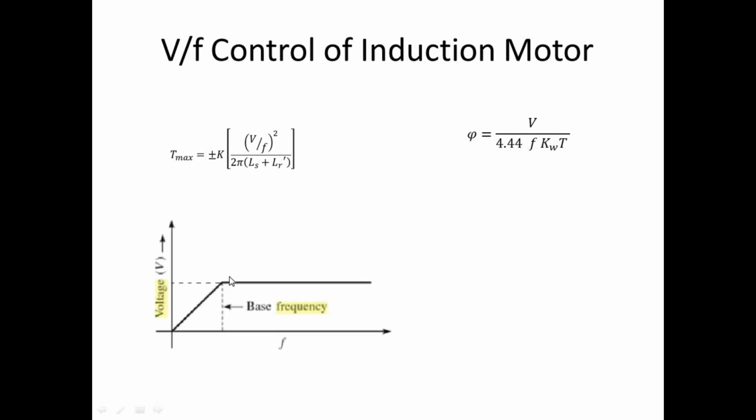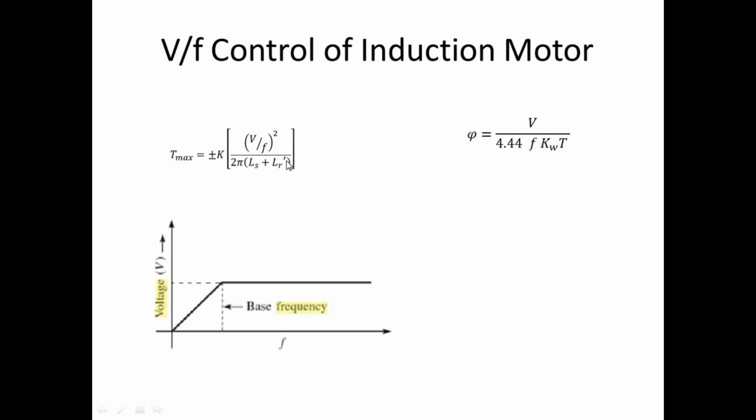Then we cannot further increase the voltage. We can increase frequency in order to increase the speed, but we cannot increase the voltage beyond the rated voltage. If you increase beyond the rated voltage, it will damage the insulation of the winding. So we cannot increase the voltage beyond the rated value.